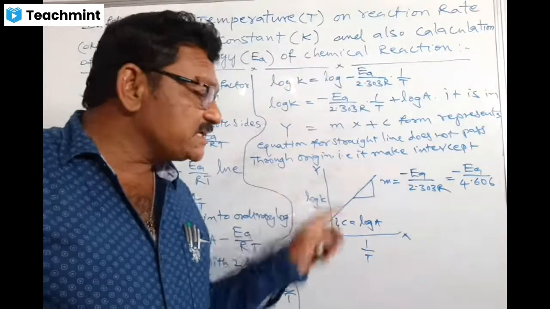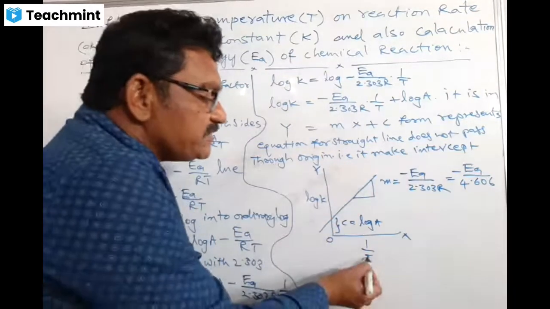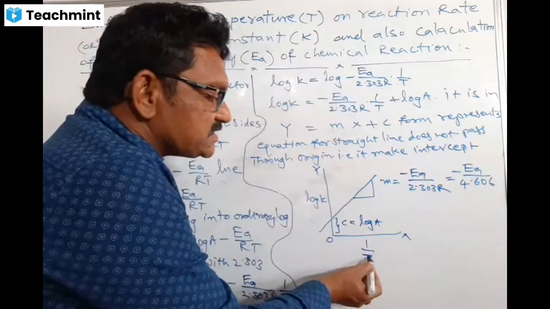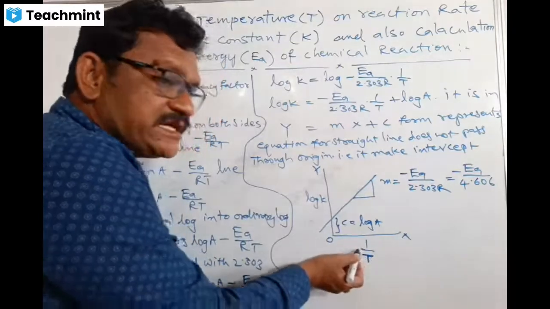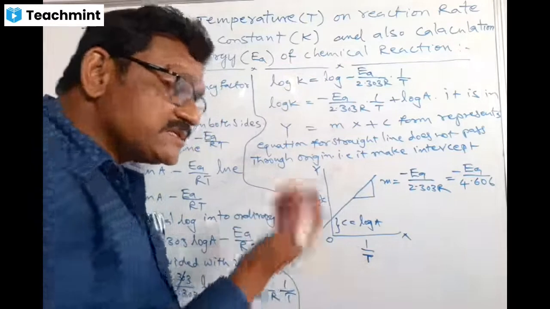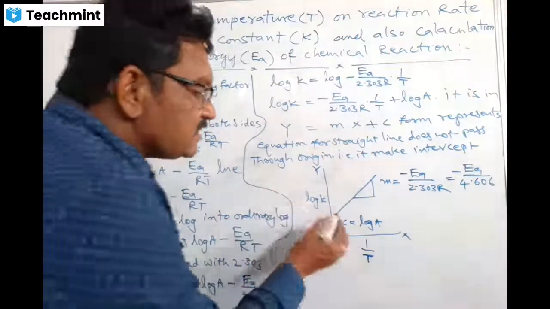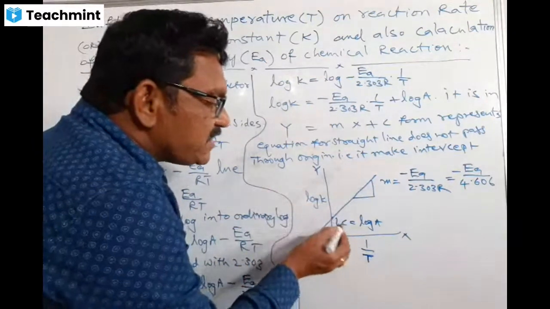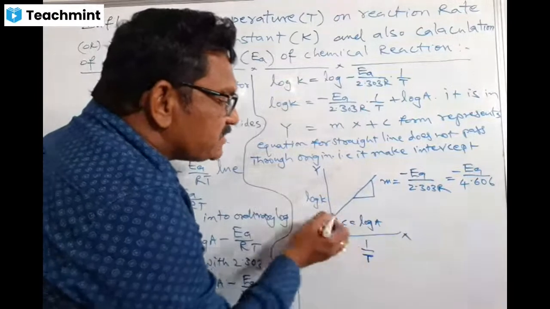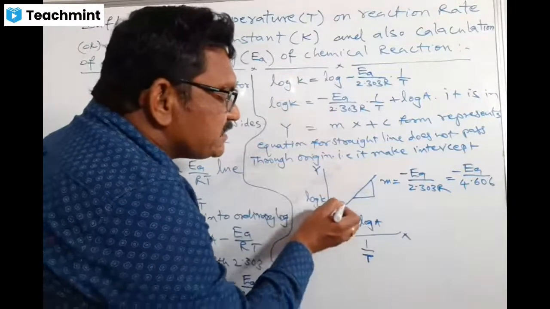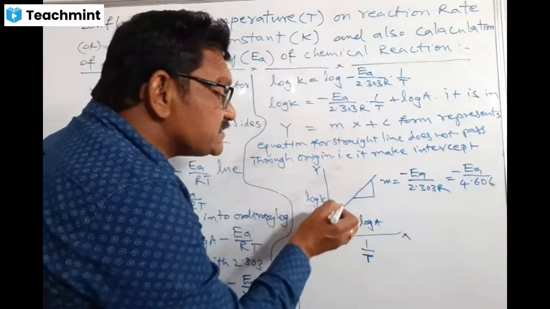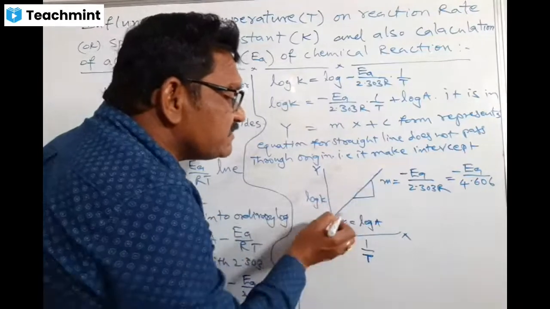By this, what can we understand? Here 1 by T means, one thing you try to understand, this is the inverse value. Log K is nothing but the inverse value. Here, this line represents that when the temperature value increases, automatically the rate constant or rate of reaction, or the specific rate constant of a chemical reaction, gradually increases.